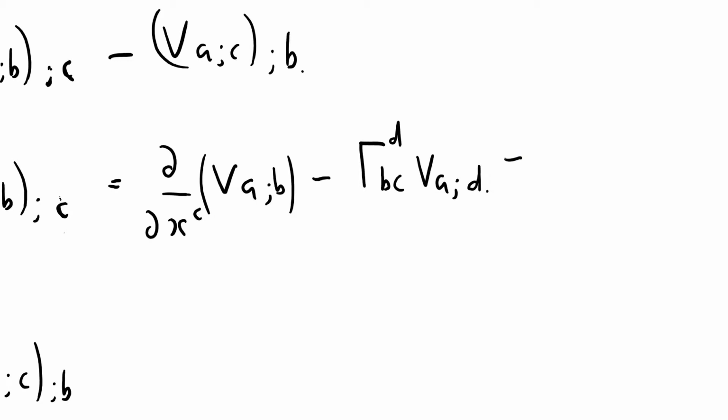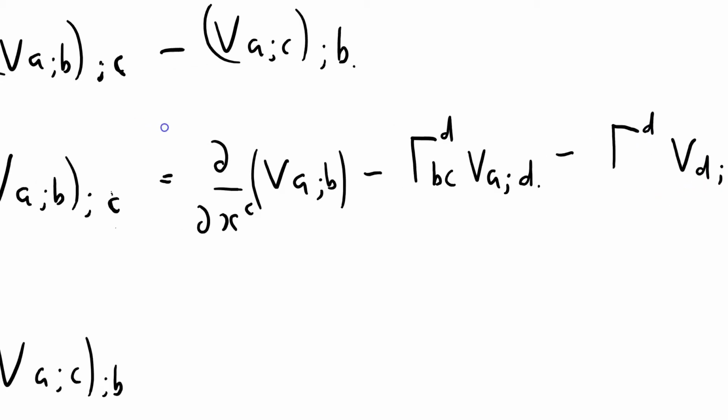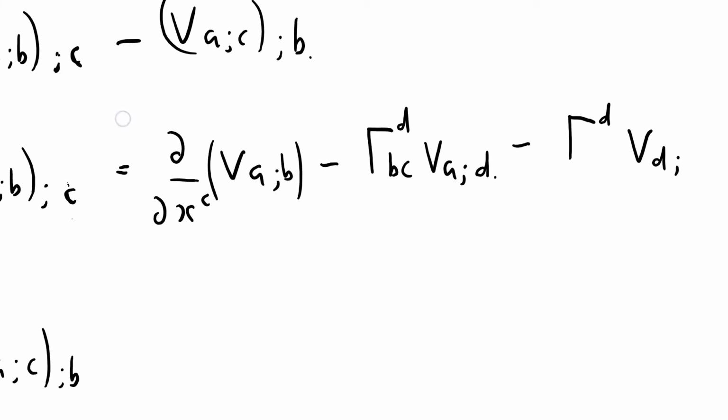Minus another term, contracted on the thing after the semicolon. We can do this because V^A semicolon D is a tensor. So all this makes sense. It's just written in a peculiar notation. I'm going to contract on there, and it's semicolon B. That's right.